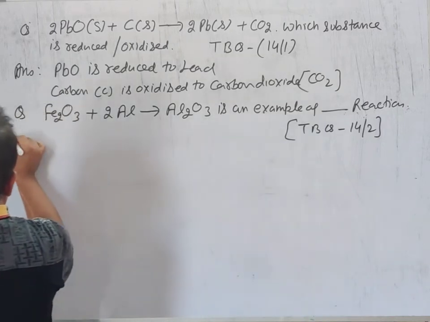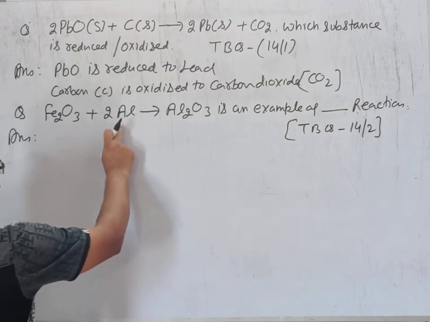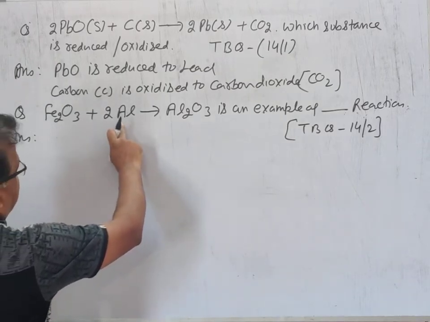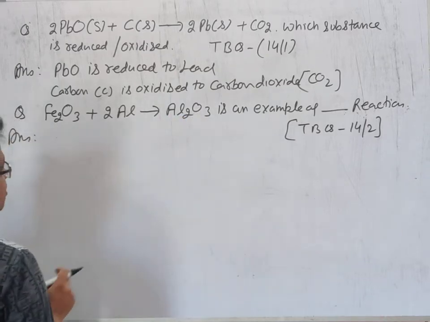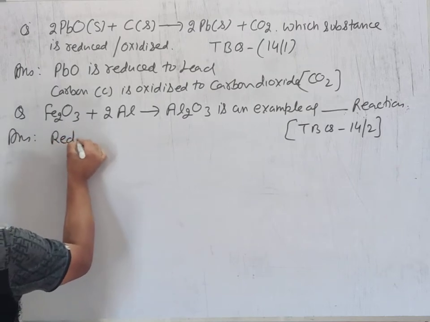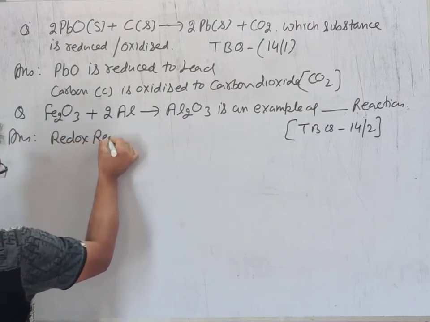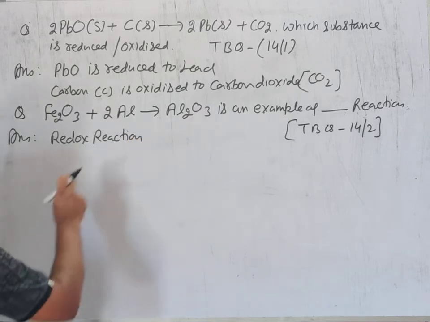So if we see here, aluminium is oxidized to aluminium oxide. So it is addition of oxygen, so it is a redox reaction. However, it is also displacement.